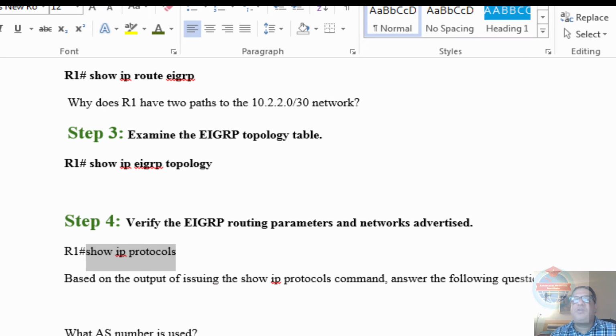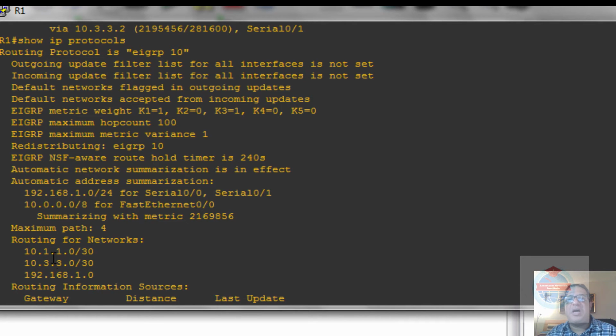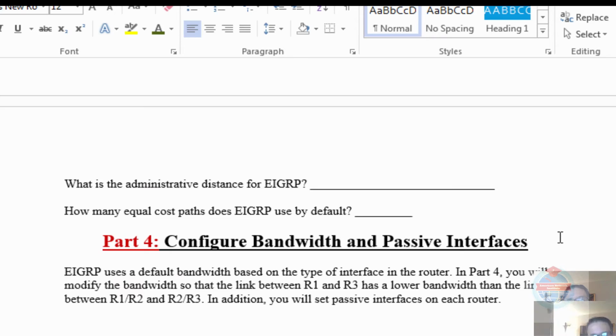So the question over here is, what autonomous system number is used? We are using the autonomous system 10. What networks are advertised over here? Well, the networks that you see over here are the ones we were talking about: 10.1.1.0, 10.3.3.0, 192.168.1.0, guys.